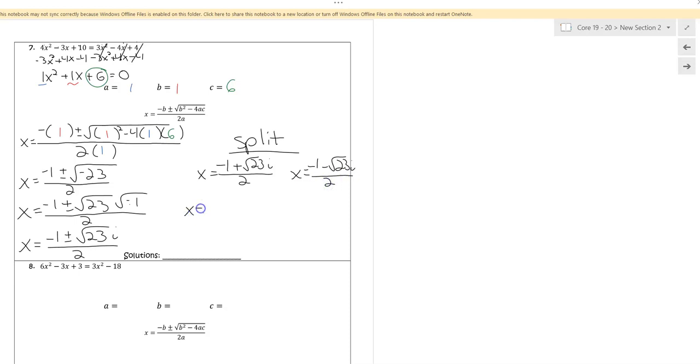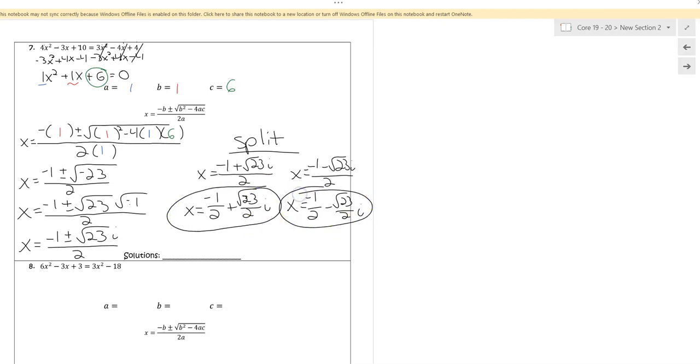So then x equals negative 1/2 plus square root 23 over 2 i. x equals negative 1/2 minus square root 23 over 2 i. Negative 1/2 does not reduce, right? You can type it in your calculator, but it doesn't change.